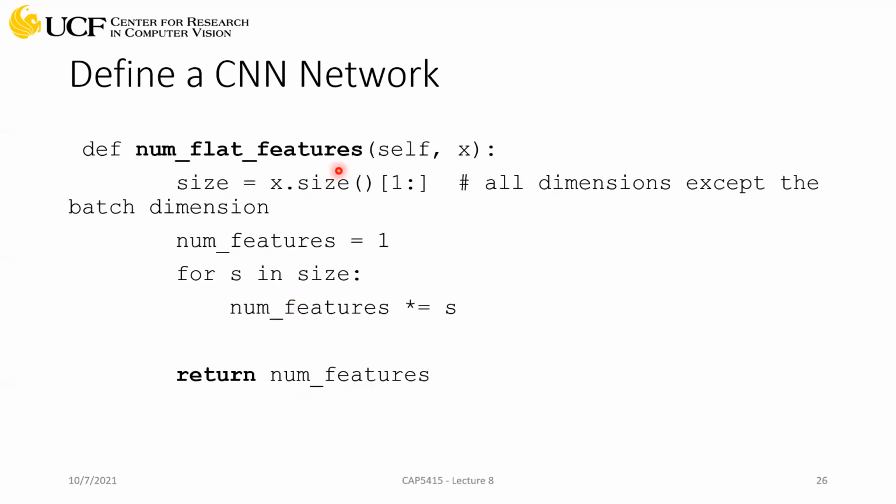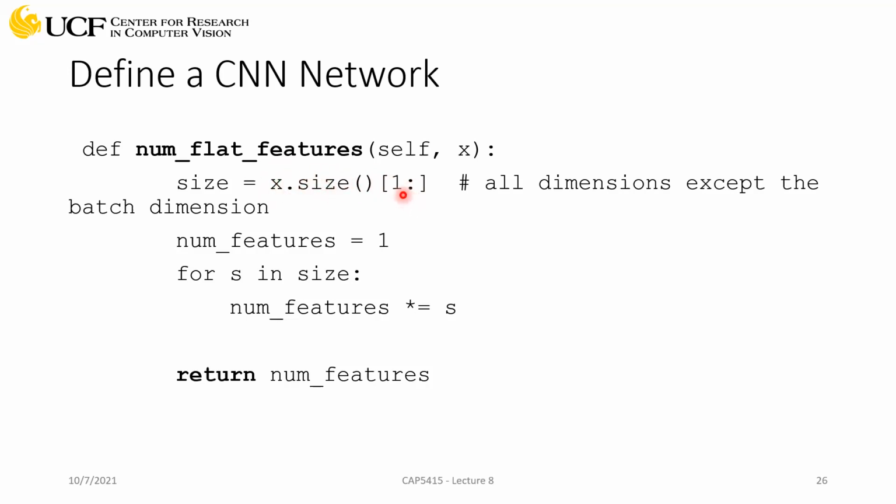So this was the helper function. And here you can see how we are trying to figure out how many features we have. So this makes use of slicing. You can see that X.size is going to give you the shape of this feature vector. So in this case, it will be the batch size. Let's say the batch size is 16. Let's fix it to that. So the shape of this will be 16 cross the number of channels, I think it was 16, and then the resolution, that was 6 cross 6. Okay, so that will be the value stored in X.size.